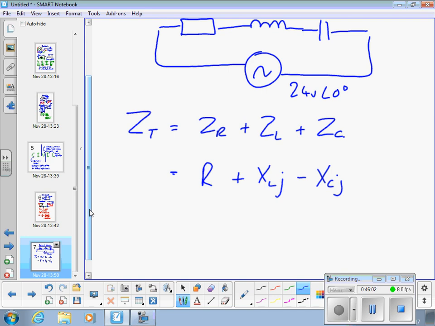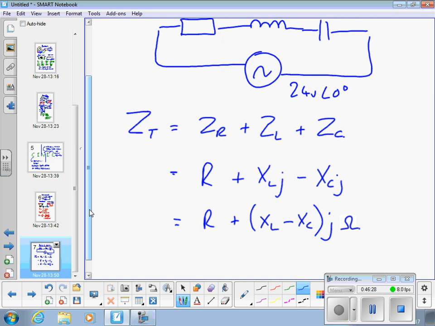And then for these two terms, J is common, so we can bring that outside some brackets. There's the formula for overall impedance in a series RLC circuit.